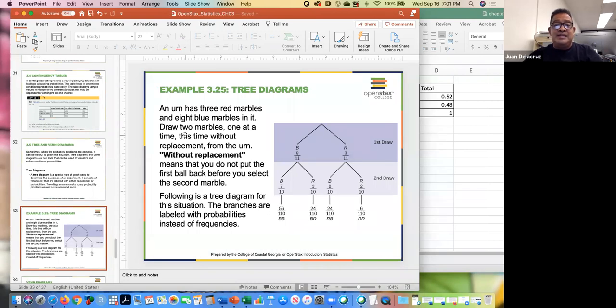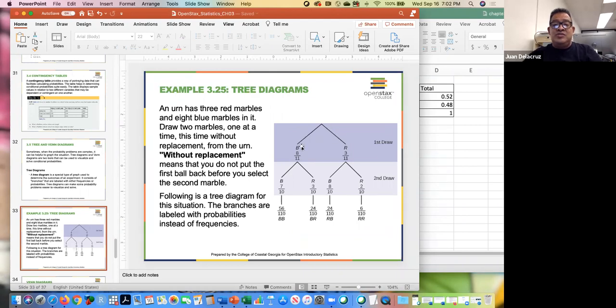So this is an example. An urn has 3 red marbles and 8 blue marbles in it. Draw 2 marbles, one at a time, without replacement from the urn. Without replacement means that you don't put the first marble back before you select the second marble.